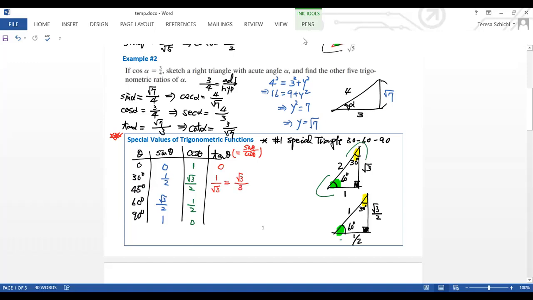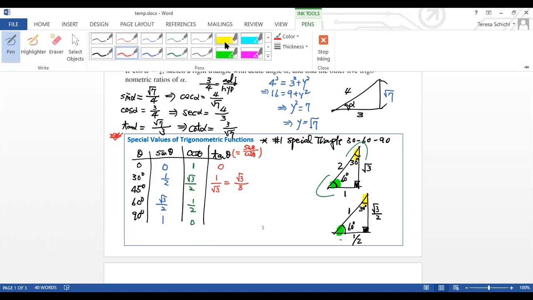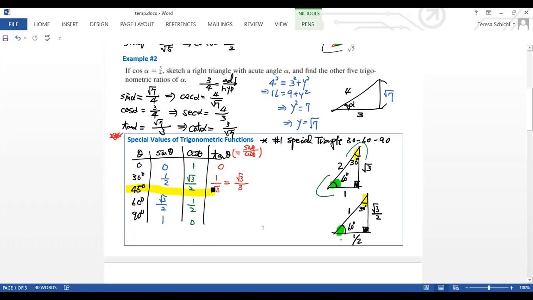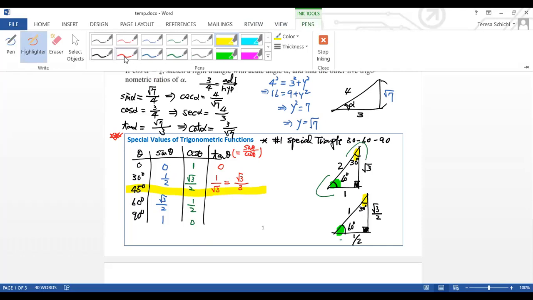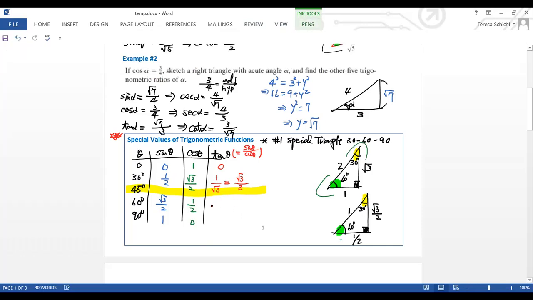I'm saving this space here, so we're going to come back to fill in this space. Then tangent 60 is the square root of 3 over 2 over 1 over 2, so this is square root of 3. Then tangent 90 is sine over cosine, so 1 over 0. So this is undefined.